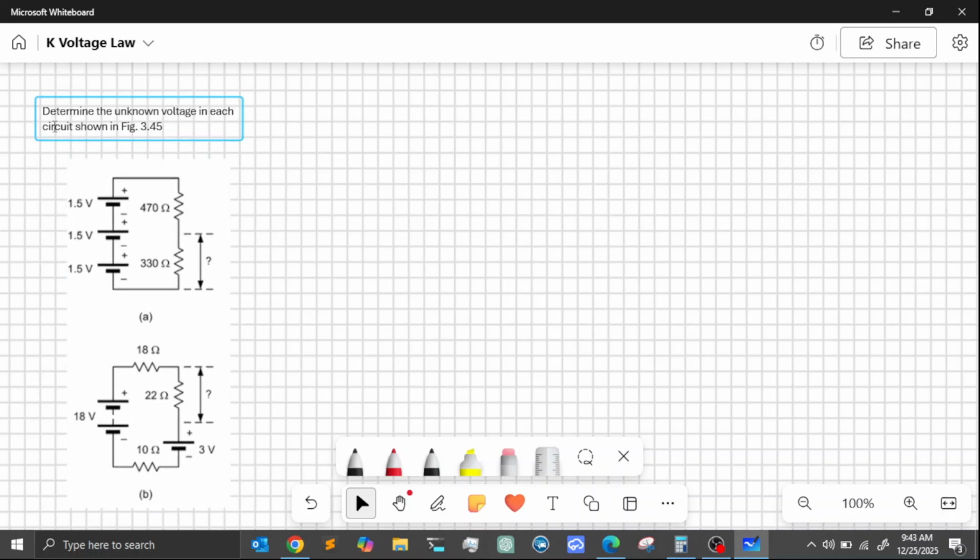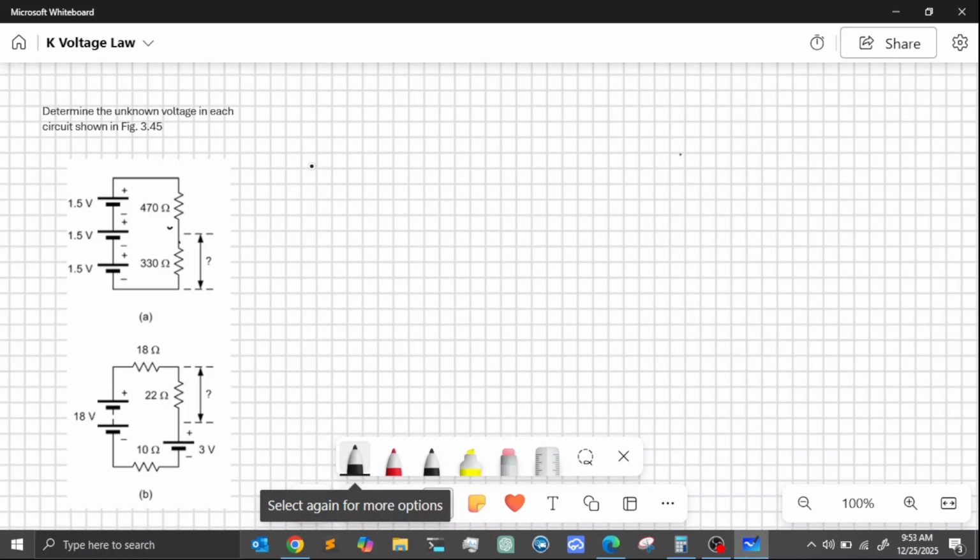All right, so it says determine the unknown voltages in each circuit. Let's do circuit A first. So here we have 3 power supplies in series and 2 resistors. So we have 2 drops of voltage here. These are positive drops of voltage, and these are negative.